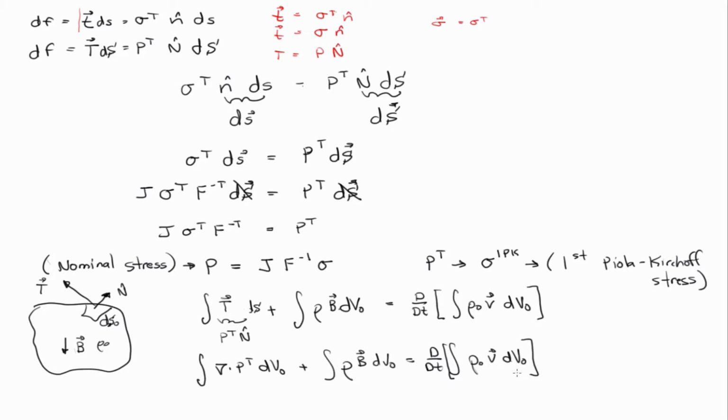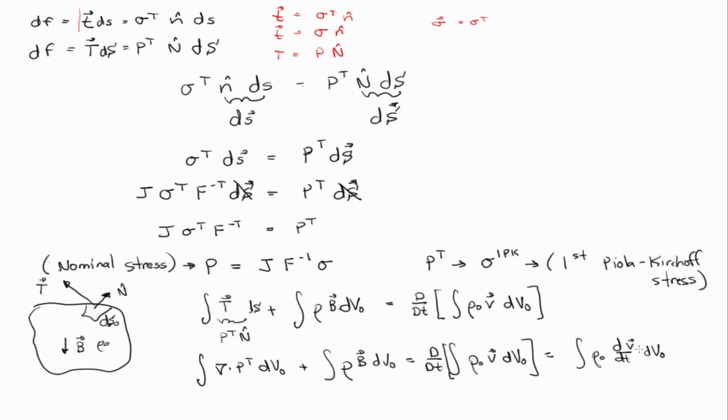It's not changing, so I can just move the derivative inside. This is equal to the integral of rho 0 dv/dt dV0. I don't really need Reynolds transport theorem. But if we want to keep them, there's no harm in keeping the notation of the material time derivative.